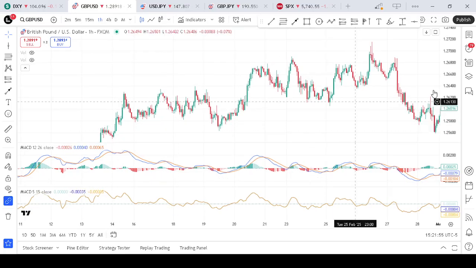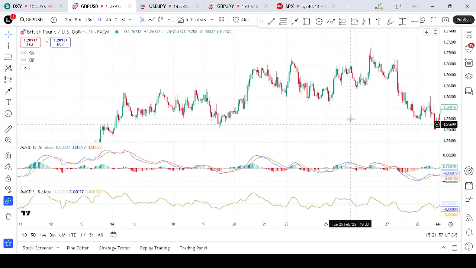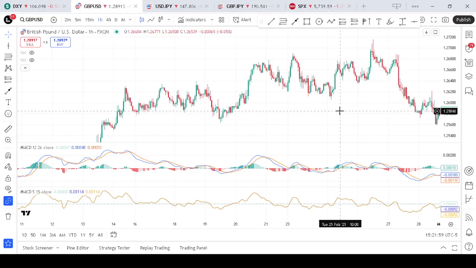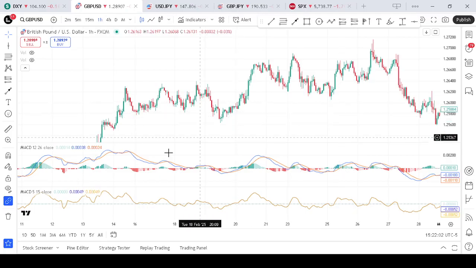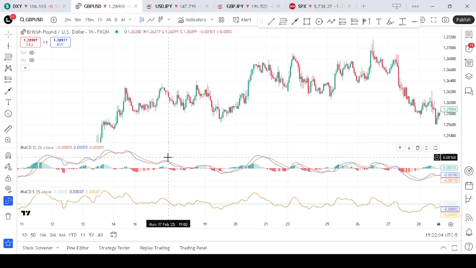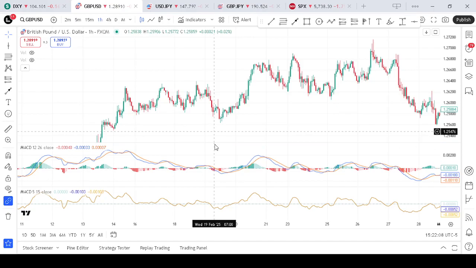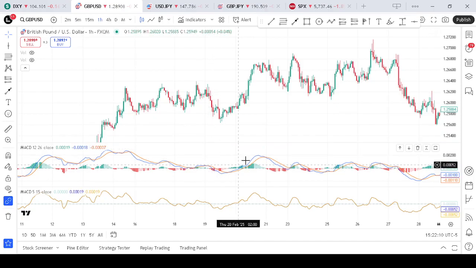So you have to identify the trend direction before entering any trade. You need to confirm the trend direction using the slower MACD. If the slower MACD line is above the signal line, it is an indication that we are looking for an uptrend, and you should only be looking for buying opportunities.